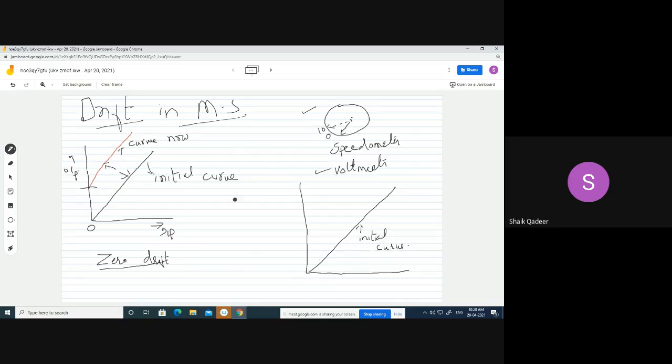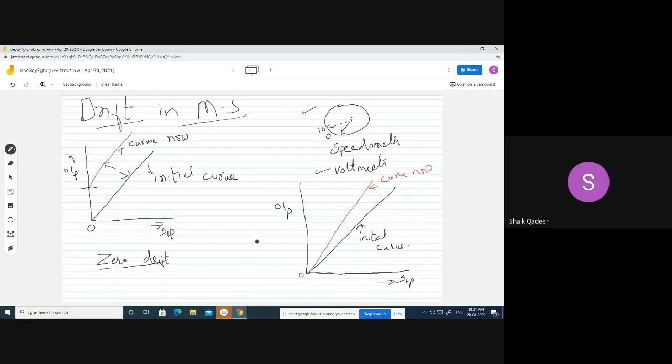In case of span drift, the slope of the curve may get varied. This is input, this is output. What is this you are observing in this case? You see the slope of the curve is getting changed, right? Initially the slope is this.